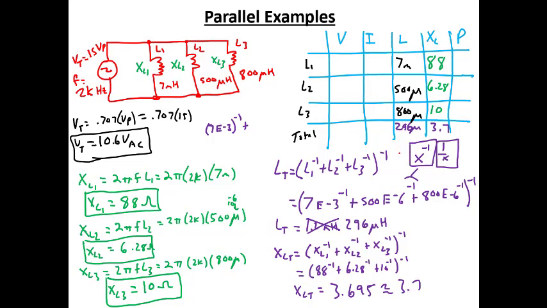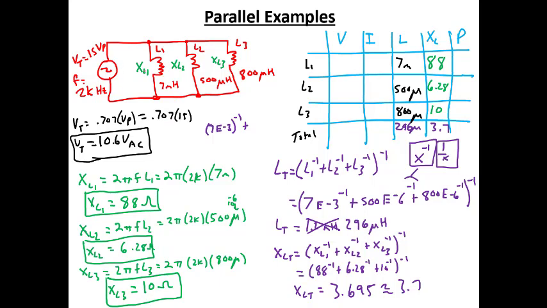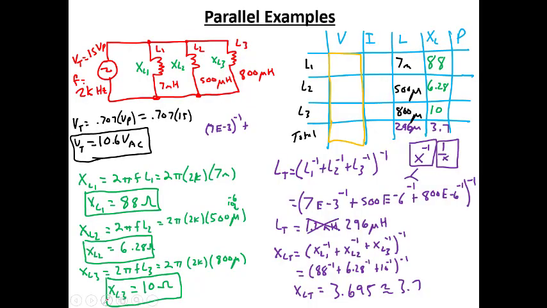All right, and maybe I should have done this at the beginning, just thinking of it now. Because this is a parallel circuit, the voltages are all the same. So that means the known voltage is 10.6, and I can write in the voltage for each of these as 10.6.